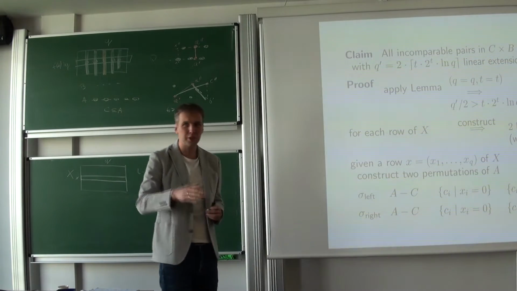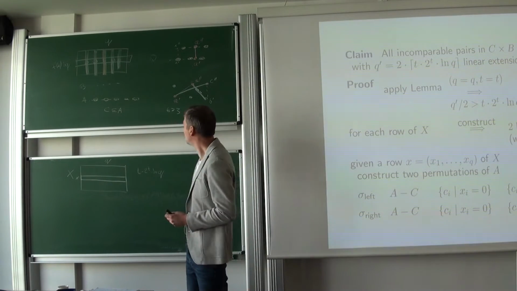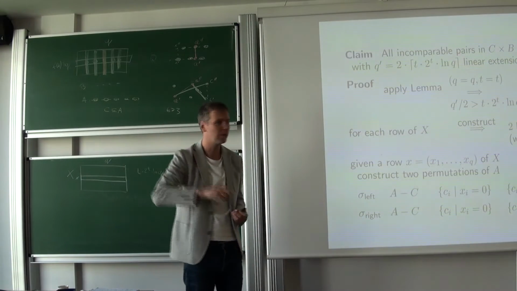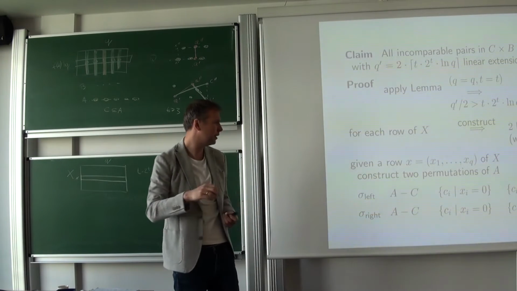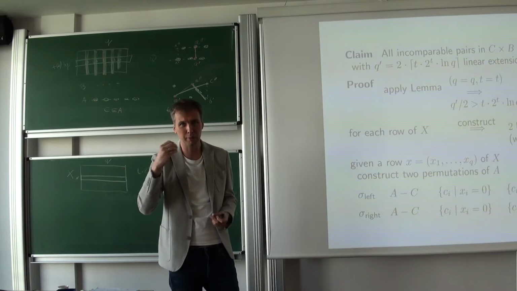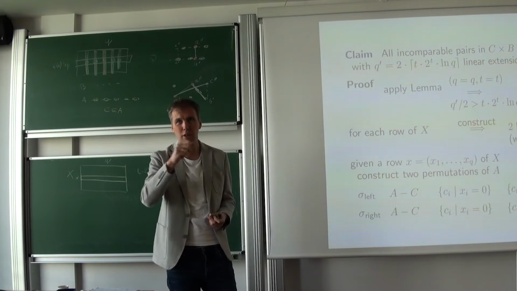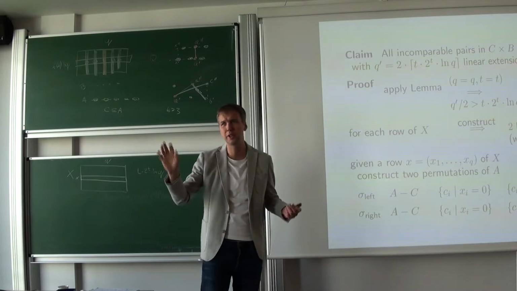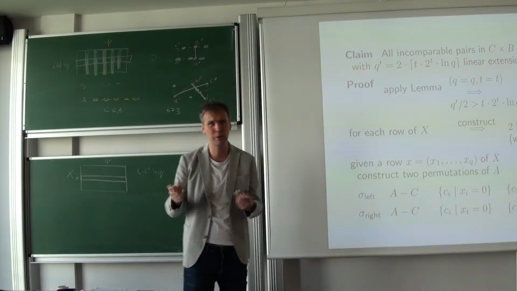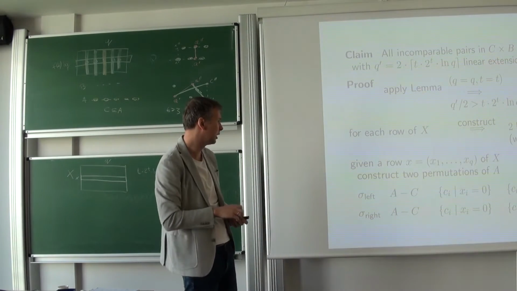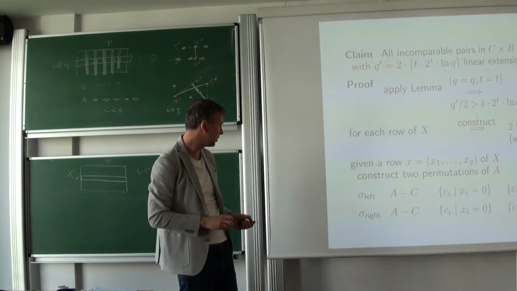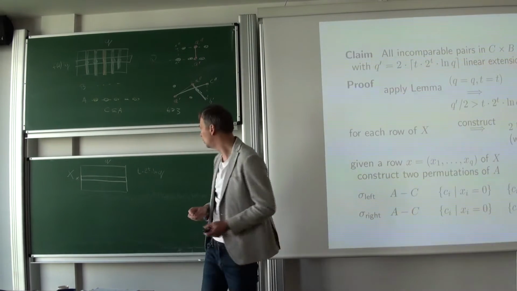In order to construct a linear extension of the poset Q, which is on A and B, we first devise a permutation, actually 2 permutations, of A itself. A is an antichain, so in a linear extension we can permute it however we like, and here is how we like. For this permutation sigma left, what do we do?